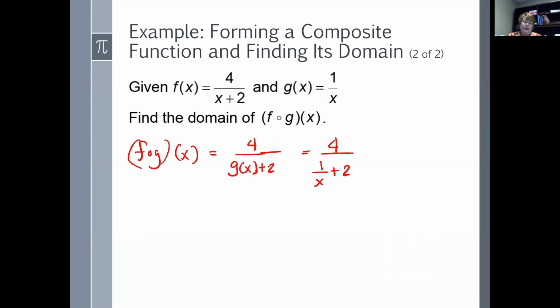I would probably rewrite this and maybe get a common denominator. So that would be x, so it'd be 1 over x plus 2 times x over x.